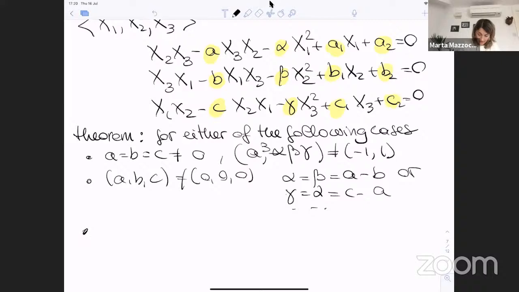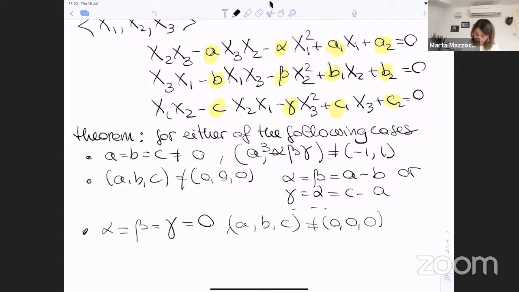And then we have a third case, essentially the Pandey case, in which all these quadratic terms disappear, and A, B, C is different from 0, 0, 0.